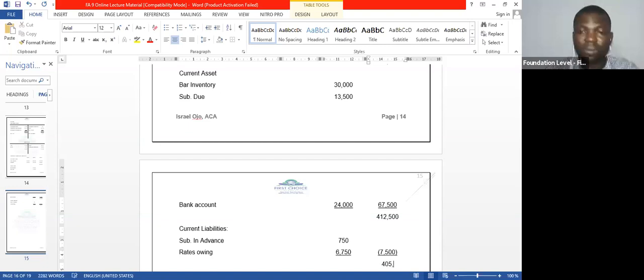This 405,000 is the accumulated figure, the equity aspect. So we call that accumulated fund.